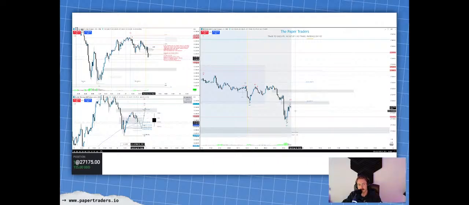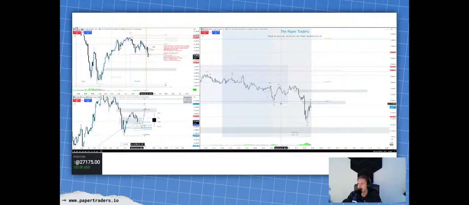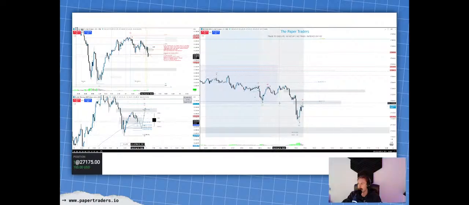Make sure my mic is on. Yeah, basically back above that daily open, above that London session low there is where we need to be. If we cannot get above this level, we are likely to reverse to the downside, 27,191.75, 27,197.25-ish area. That's where we need to be above.